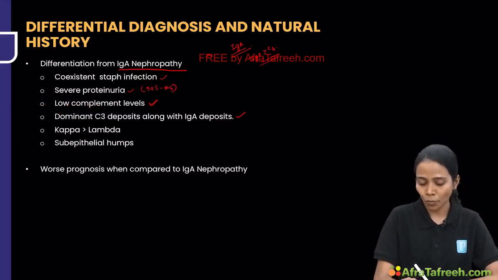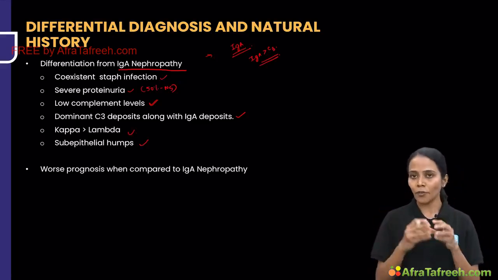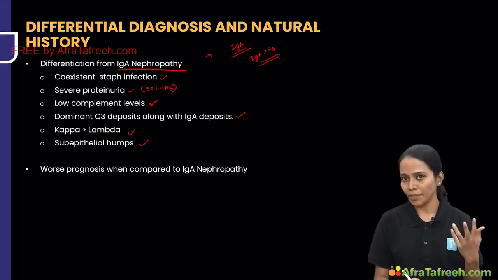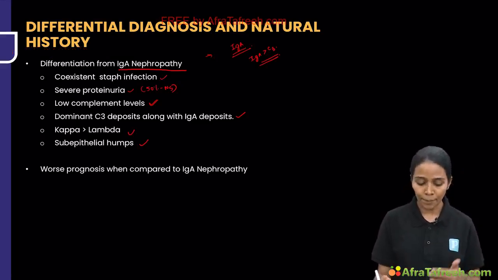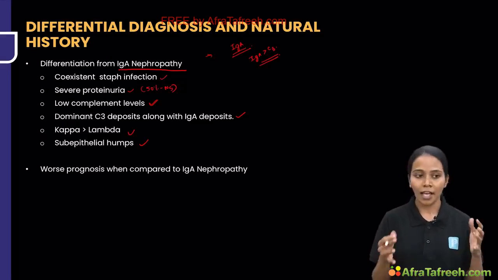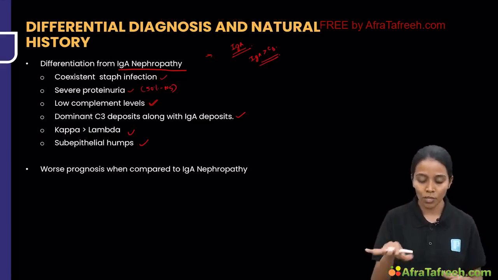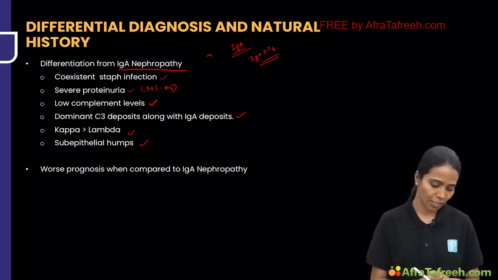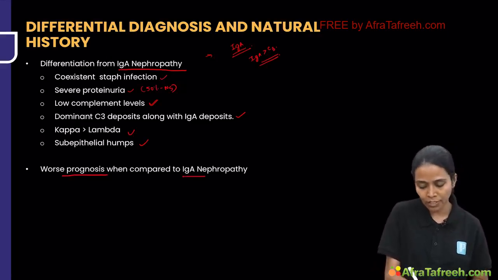Kappa is going to be more than lambda, and subepithelial humps. So basically, the immune deposits, that is, the patient having C3 more than IgA, subepithelial humps, and in the blood low complements, in patients having coexistent staphylococcal infection with severe proteinuria. This is how you're going to differentiate this from IgA nephropathy. And there is worse prognosis when compared to IgA nephropathy.